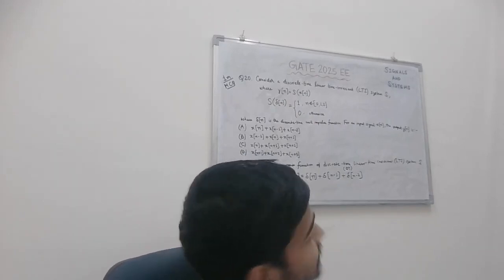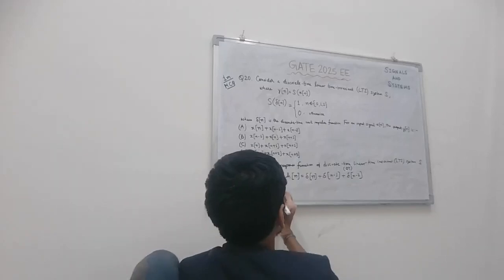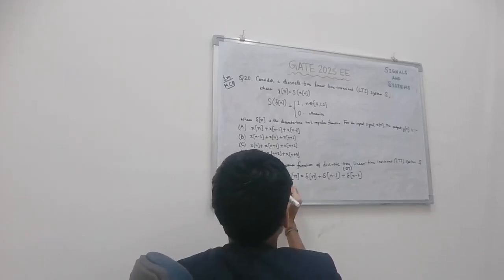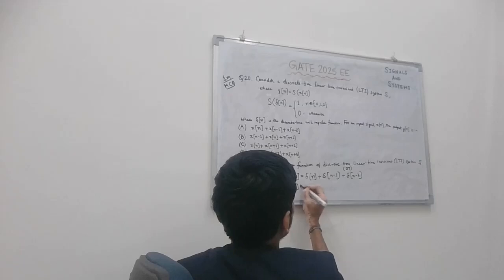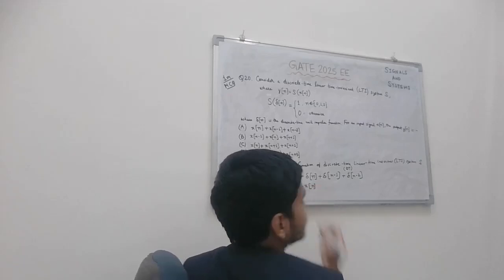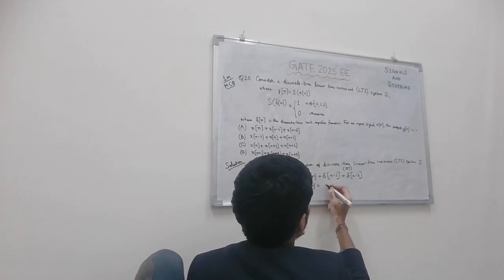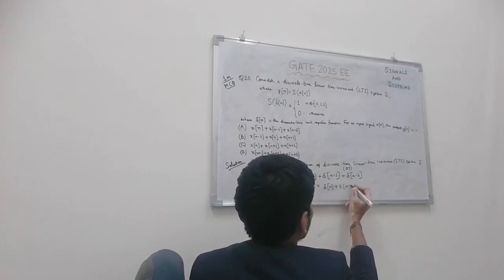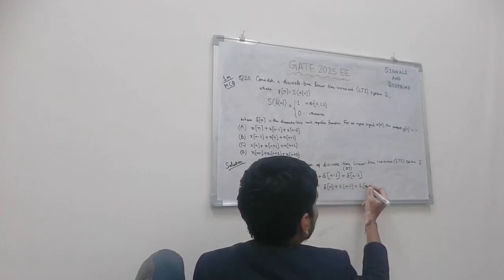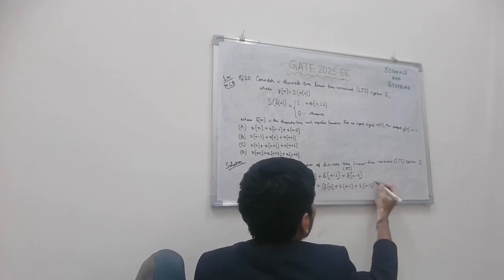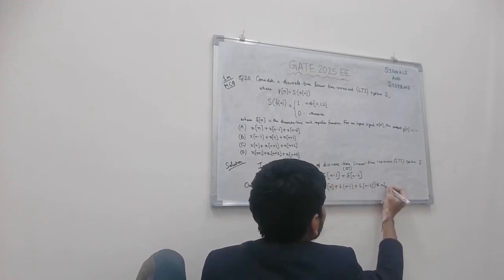Now for any given input signal x[n], the output y[n] is simply the discrete time convolution of h[n] with the given input x[n], right? So what do we get? Delta n plus delta n minus 1 plus delta n minus 2, convolved with x[n].